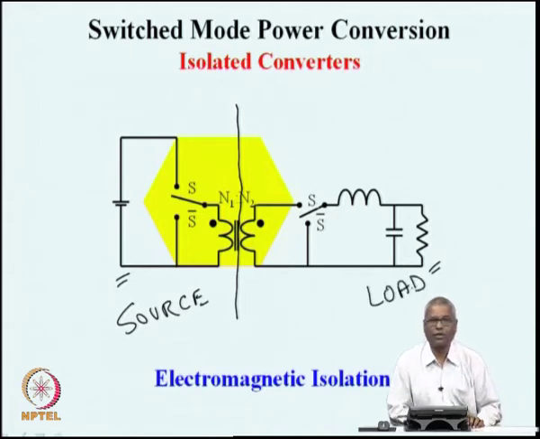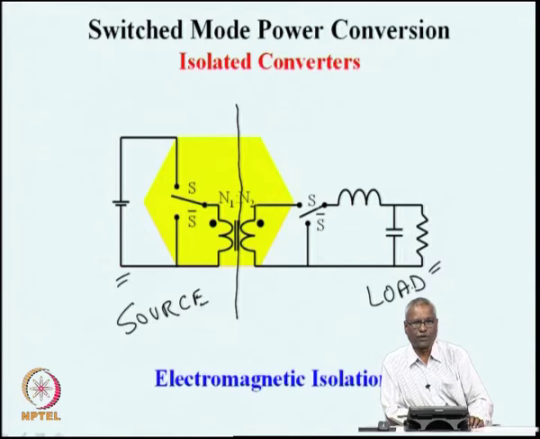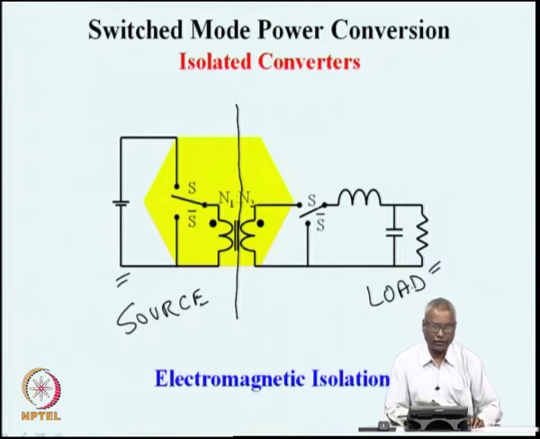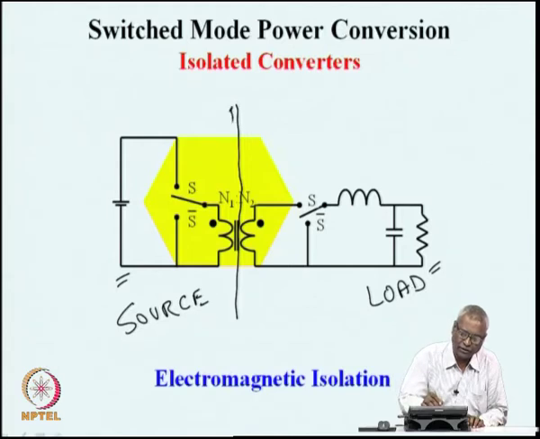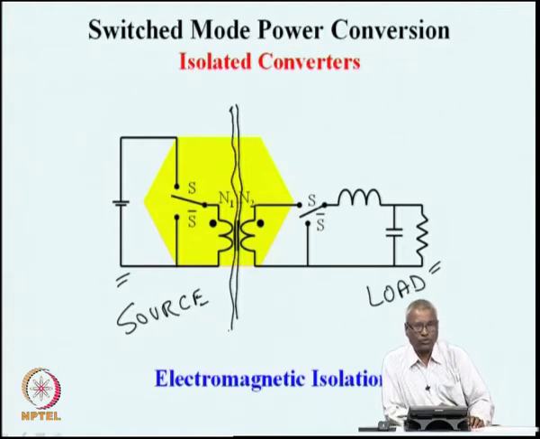There is no common electrical potential on the load side and on the source side. They are completely isolated by a barrier. On one side is the source and on the other side is the load. Such converters are called isolated power converters.